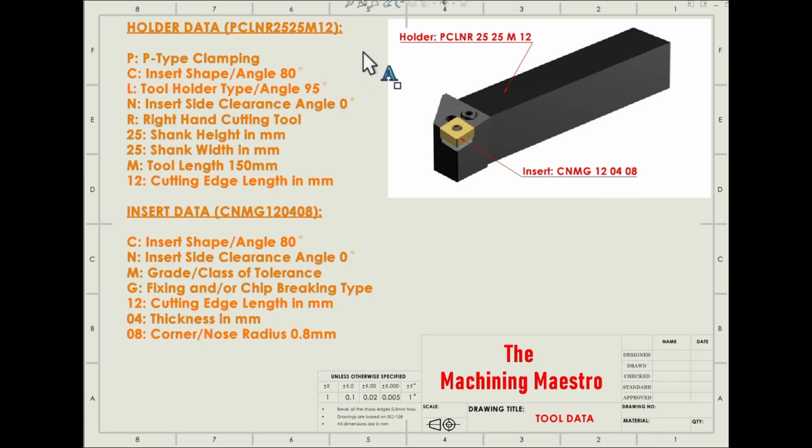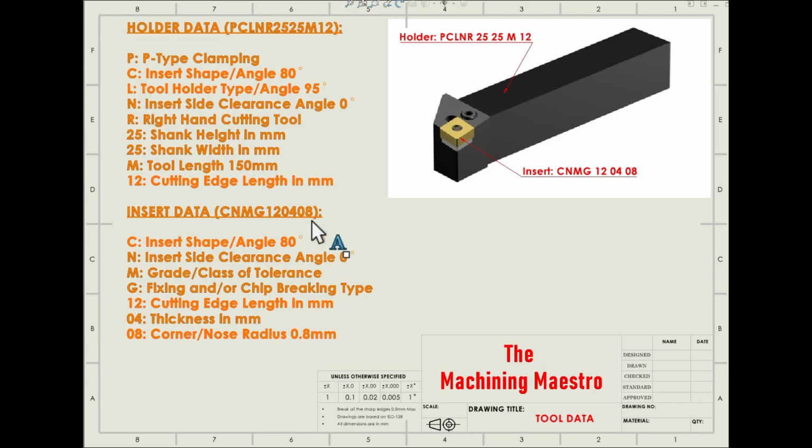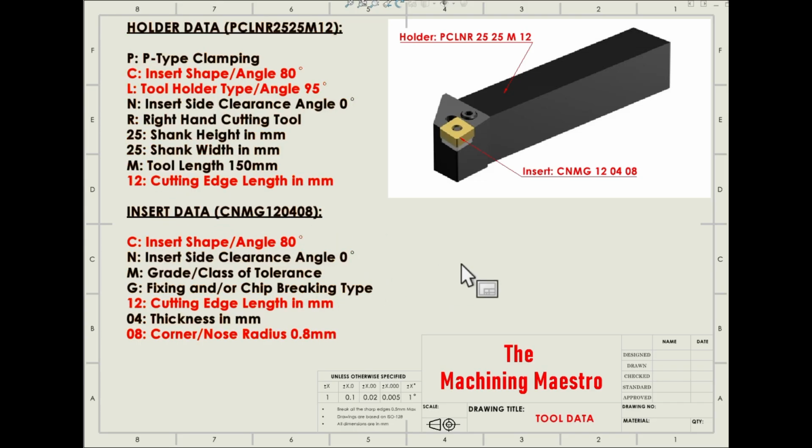I have given some briefing about the tool, holder and insert because we are going to use this data while creating a tool in our machine controller. This red highlighted data, CL 12 C12 A08, is the necessary data for the tool creation.